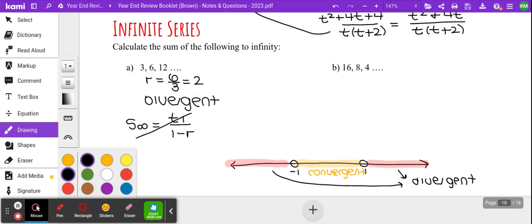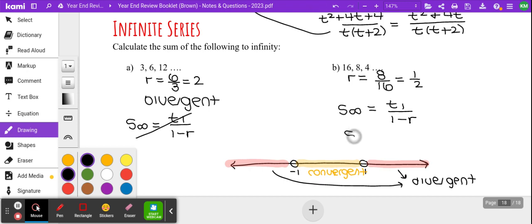Let's see if I picked better numbers for the second one. If I go to calculate the common ratio, I could take any term. 8 divided by 16 tells me this is 1/2. Can I calculate the sum for this one? Yes. Sum to infinity is equal to t1 divided by 1 minus r.